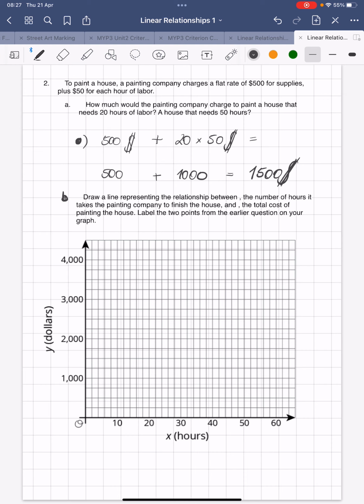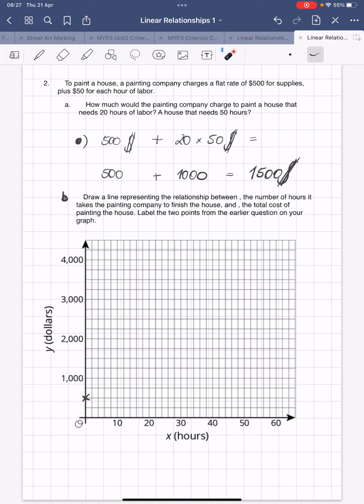So we are going to put these on our graph. So we know that we are starting at $500 for supplies. This is the first point I'm going to mark right there. $500, 0 hours of work, but the supplies are still $500.